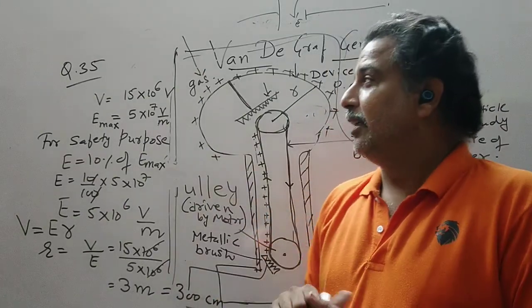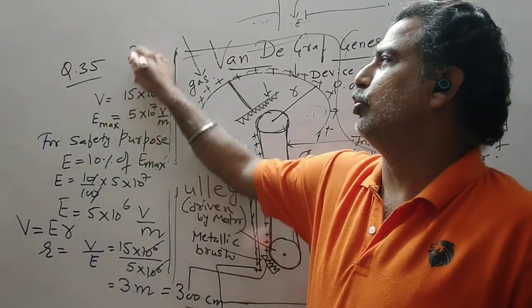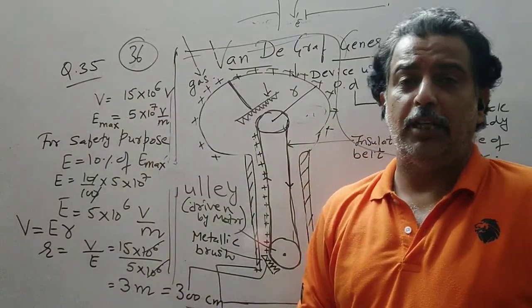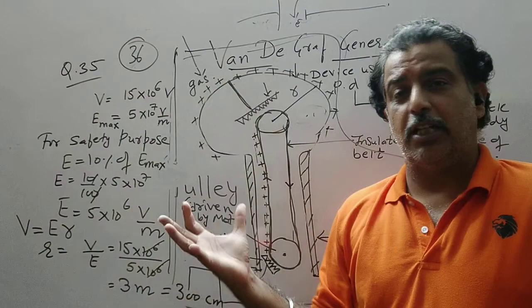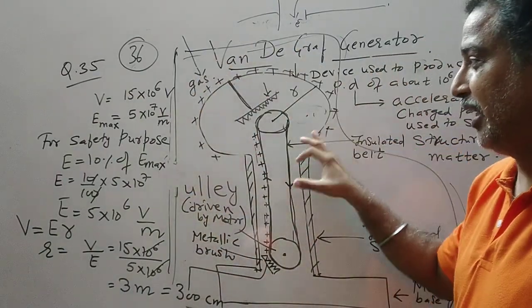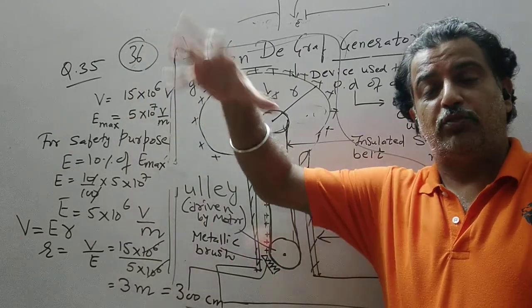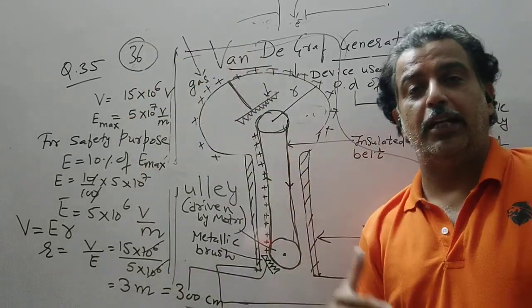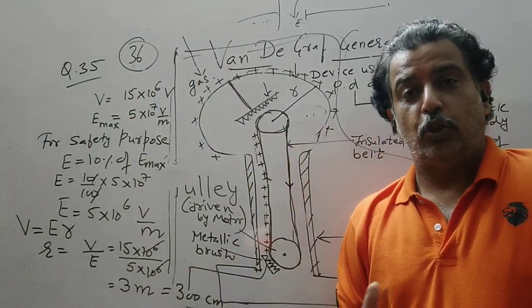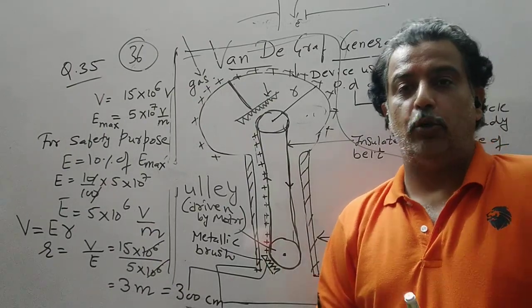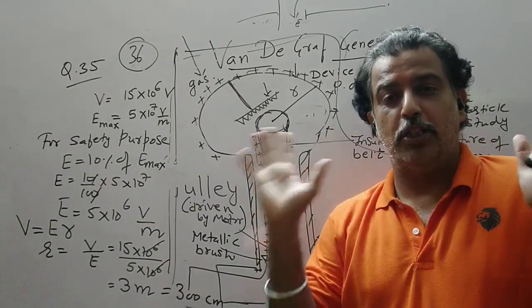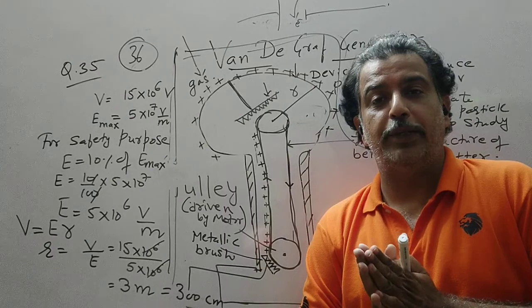This was numerical 35, and that was numerical number 36. We have seen that here there was no charge on the spherical shell, but in numerical 36, the outer sphere has a charge Q2 and the inner sphere has a charge Q1. Even if I consider a charge on the outer sphere, the potential of the inner sphere always comes out to be greater.